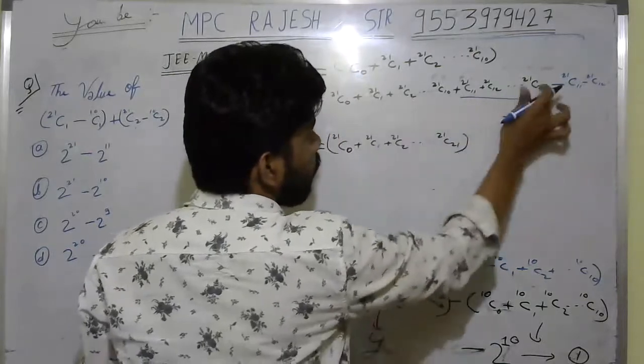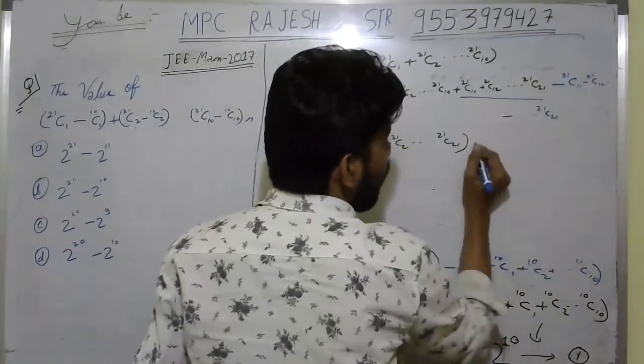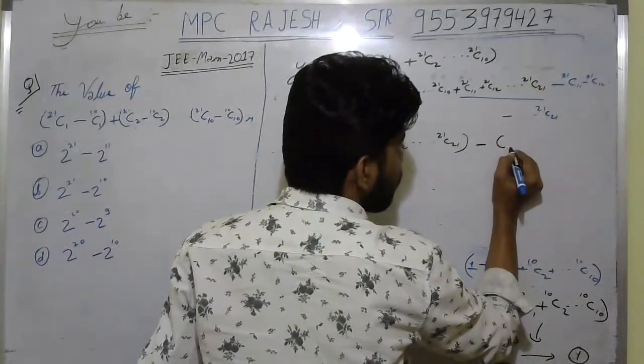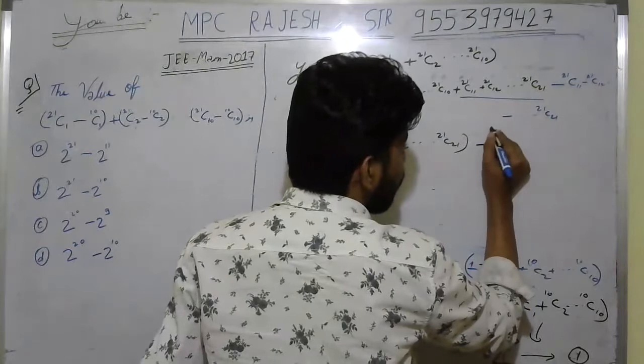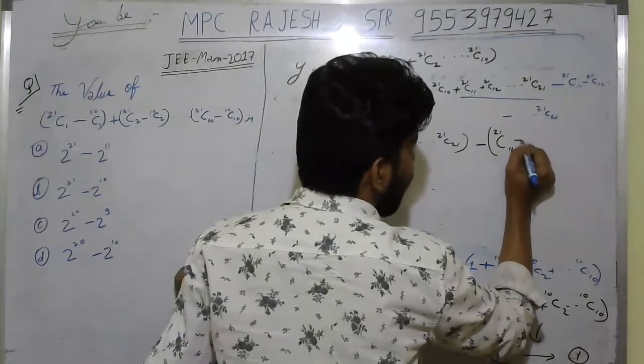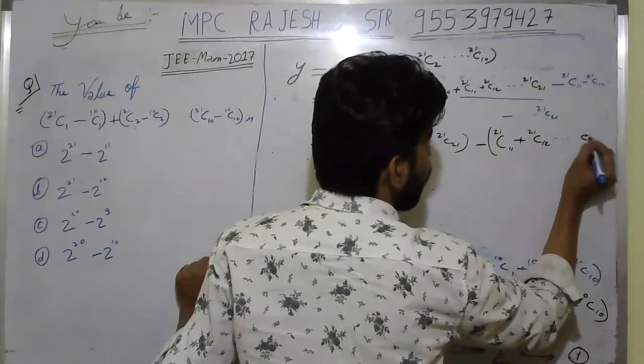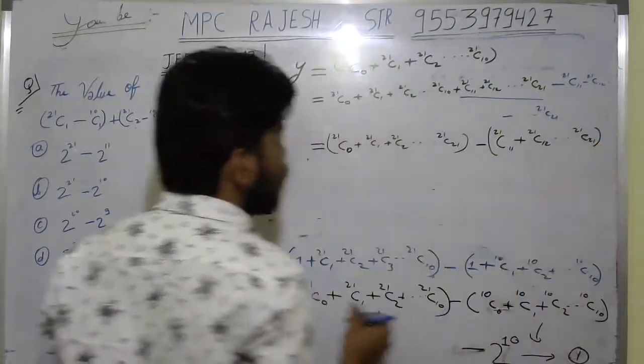Any doubt till here? This is one part. We took the minus outside, and this becomes minus the bracket of 21C11 plus 21C12 up to 21C21. Any confusion? No confusion.